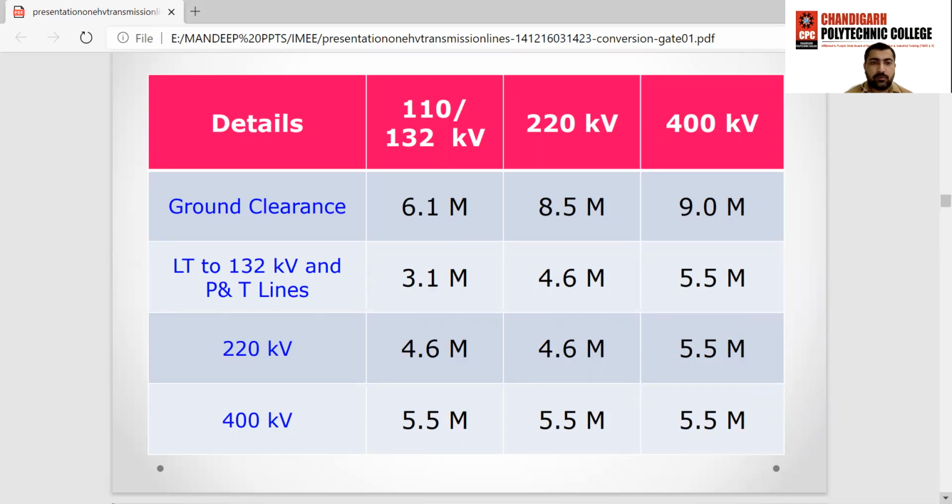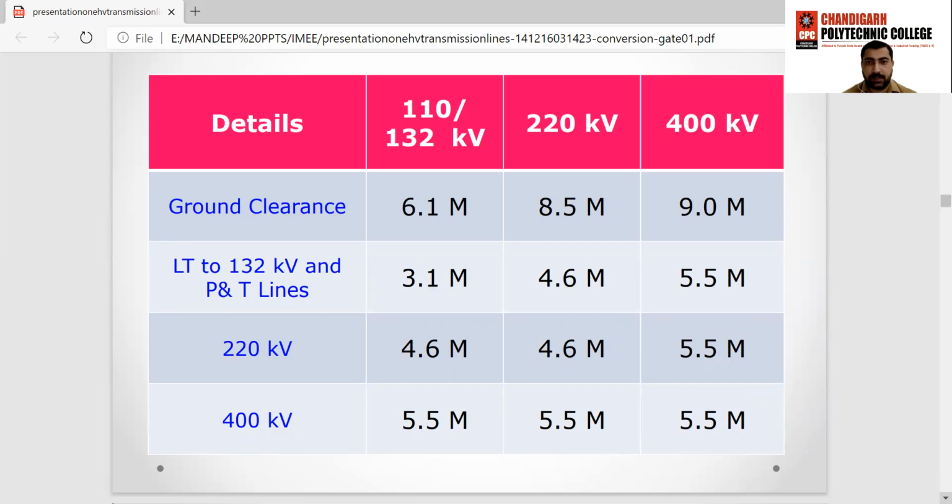And also for 220 kV line, if we want to erect the 110 kV or 132 kV line, the minimum clearance required is 4.6 meter. And if we want to erect 220 kV line, and another 220 kV line passes nearby, the clearance required is 4.6 meter.